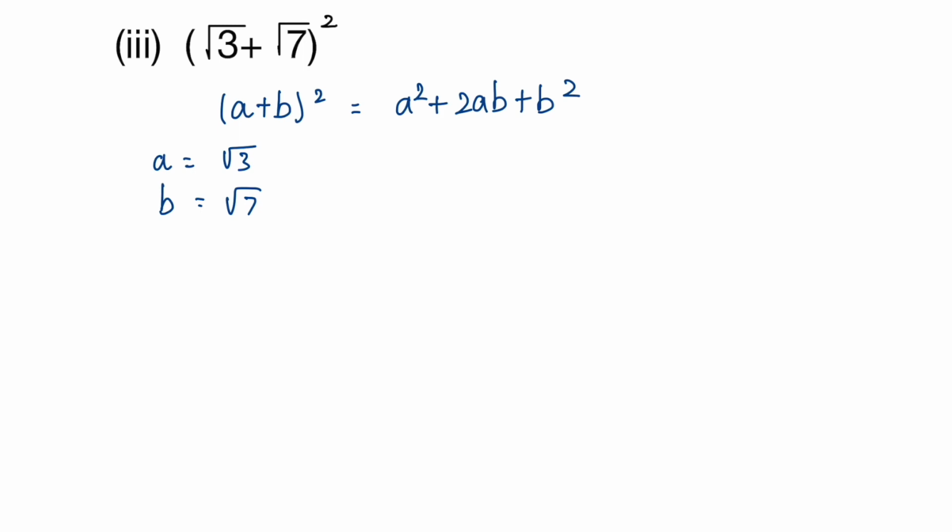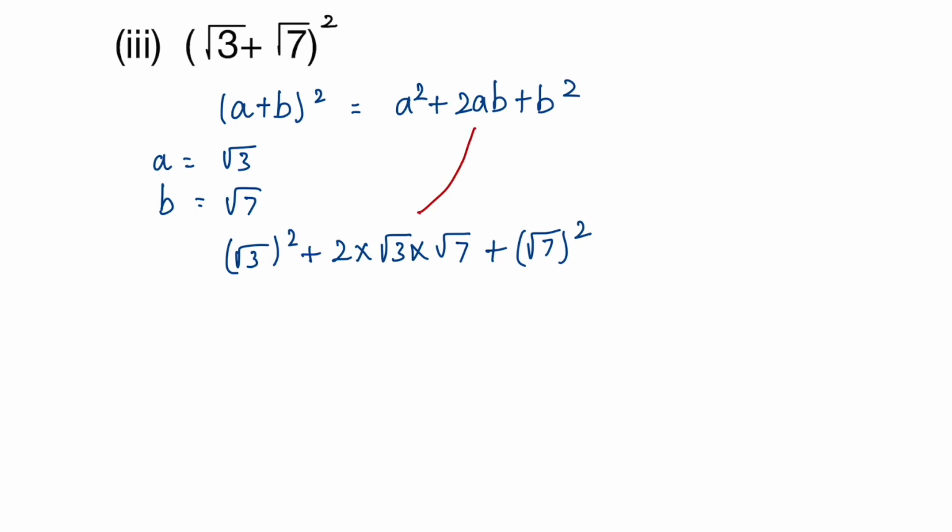Okay, now applying this formula here, we get root 3 squared plus 2 multiplied by root 3 into root 7 plus root 7 squared. I've just applied the values of assumed a and b in this formula.